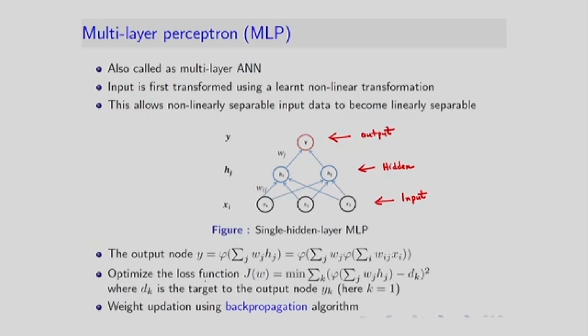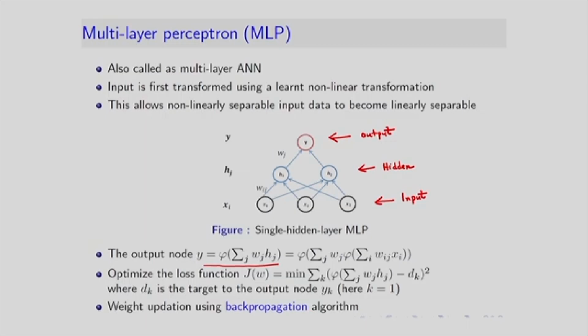So what will be the output at the node y? So we are considering the activation function phi. Now I need to determine the output of the node y. So by considering this equation, we are considering the activation function phi, and weight is multiplied with the input. The input is hj, and the corresponding connecting weight is wj.